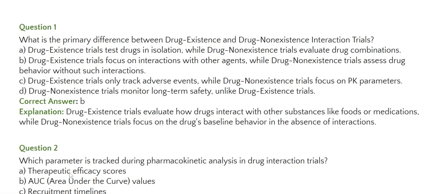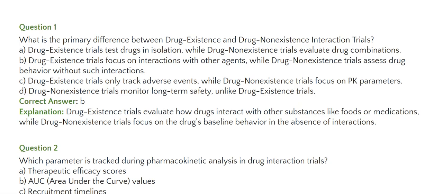Question 2. Which parameter is tracked during pharmacokinetic analysis in drug interaction trials? A. Therapeutic efficacy scores, B. AUC area under the curve values, C. Recruitment timelines, or D. Consent form completion rate. So it is area under the curve values, B, as B is the correct answer.